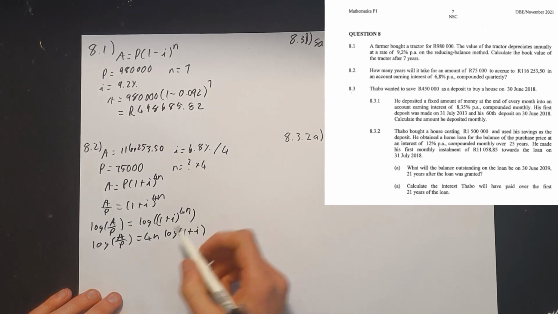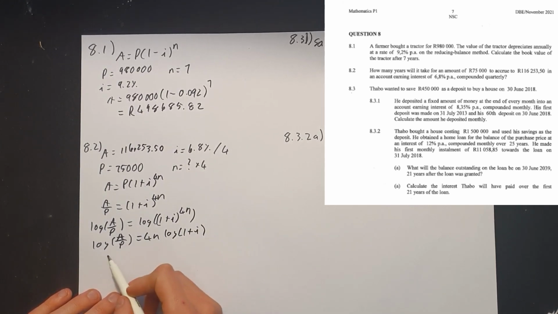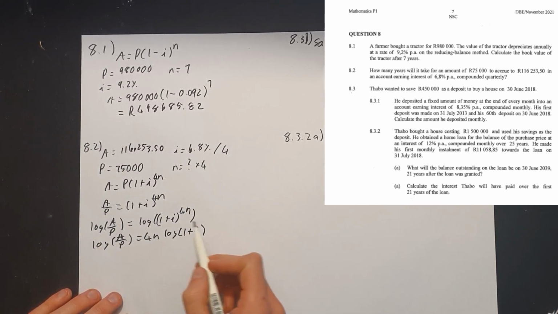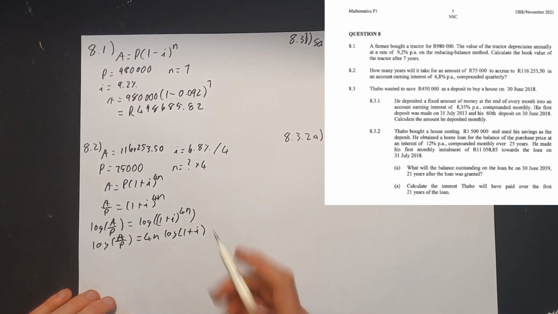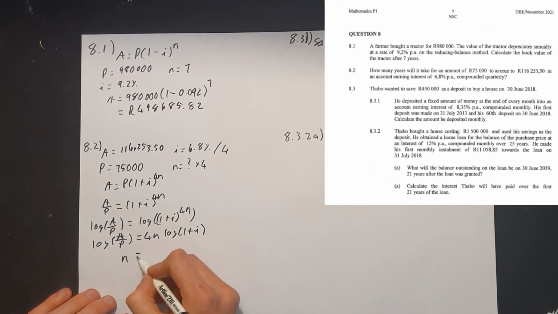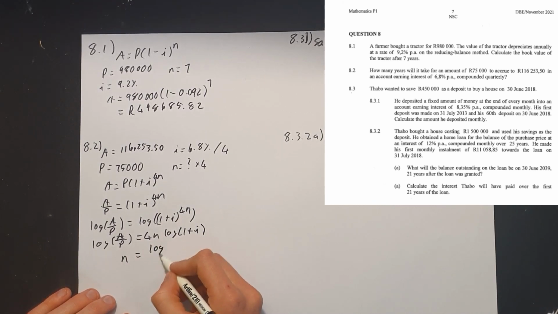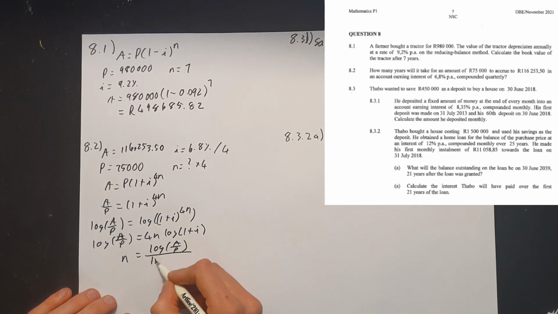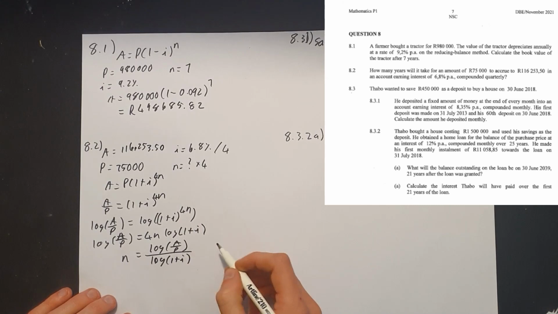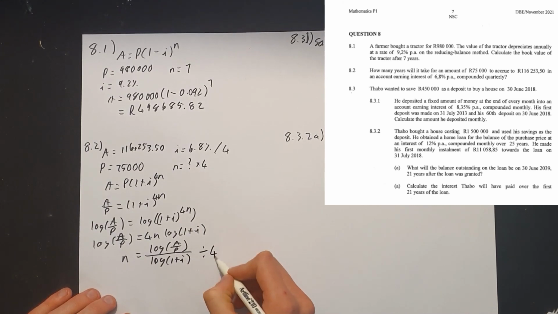And then what we can do is take this log to that side and then divide by 4. So we end up with N equals log of A over P, all over log of (1 plus I), and then that is all divided by 4.